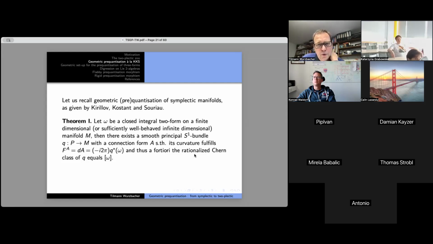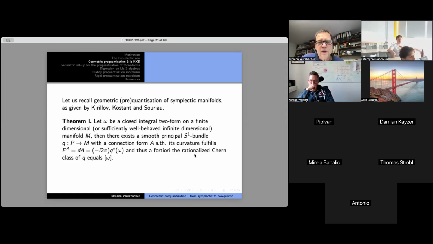There's an article of Souriau, and I think this is in a certain sense more general, and it's before the habilitation of Kirillov. It's more general in the sense that I think he's not restricted to coadjoint orbits. Okay, the theorem says, this is more or less a differential topological theorem.